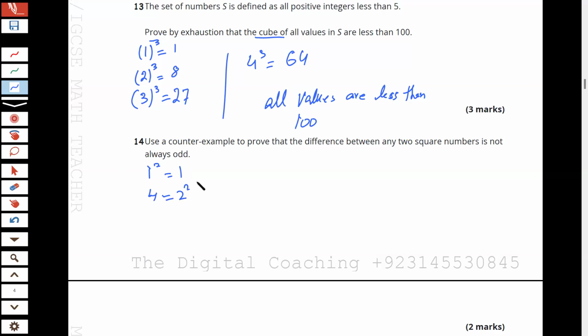Think about the numbers which we are able to write in the form of a square. 4 and 16. Would that be correct?